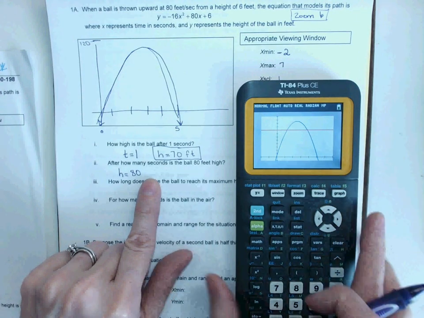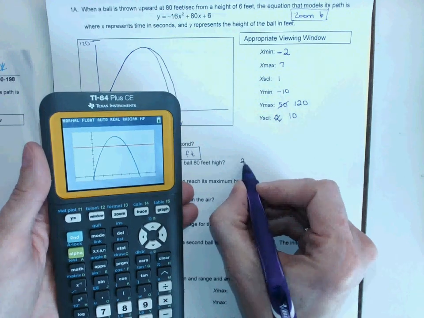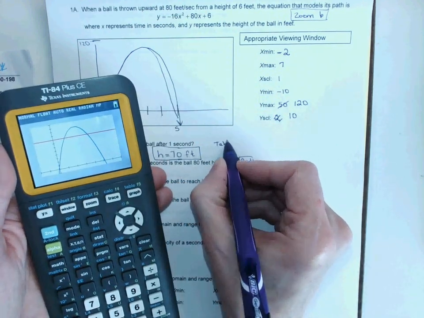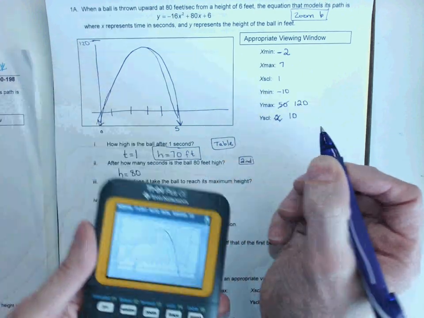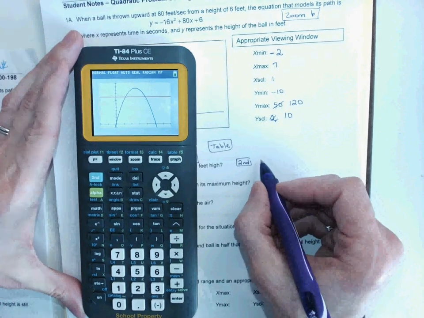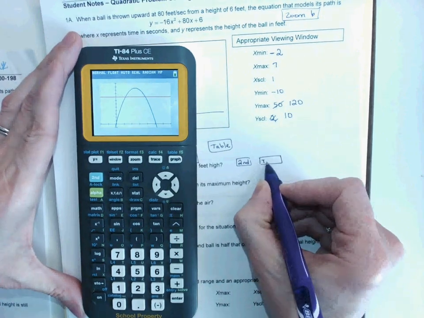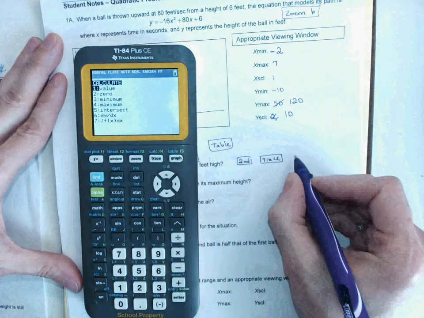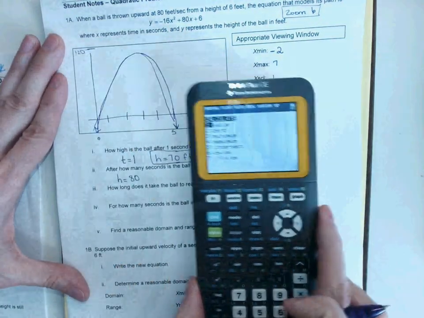The way to find that is to use second, oh, I forgot to write table on here. Use the table on number 1, Roman numeral 1. Roman numeral 2, we're going to do second, trace, number 5 for intersect. We're going to do that twice.